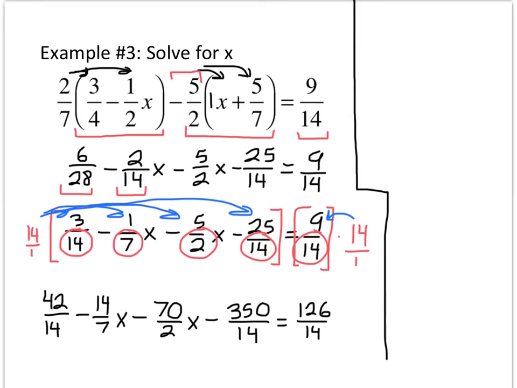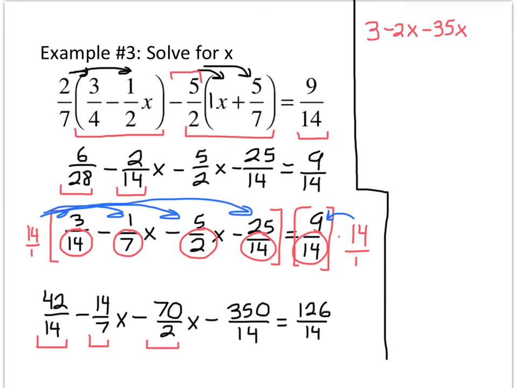But starting with this 42 over 14, I see that that actually simplifies down to just 3. 14 over 7 just becomes 2, so that's 2x. 70 over 2 is just 35, or 35x. The 350 over 14 is just the 25.